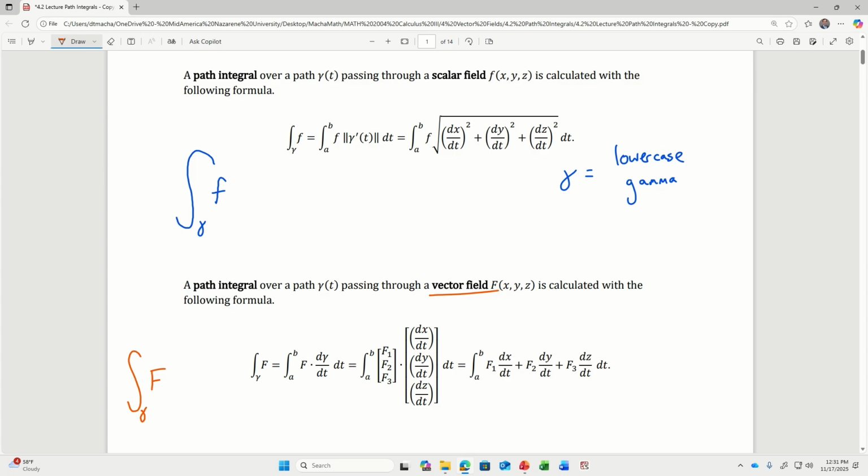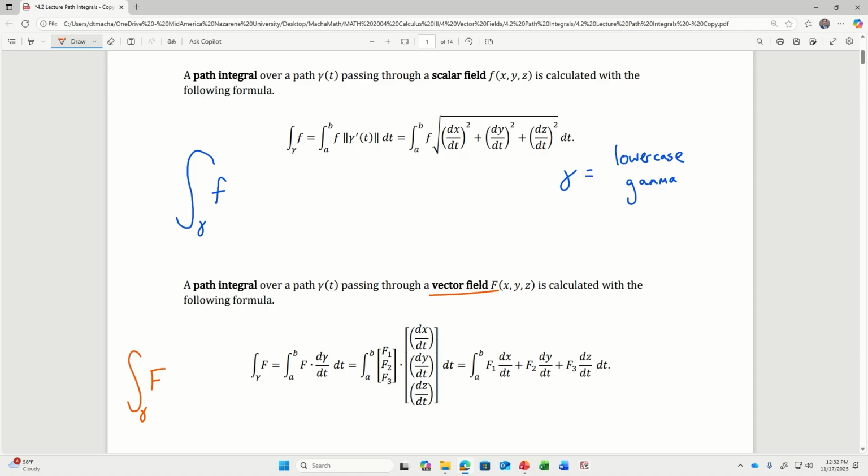And so the dot product between the vector field and the velocity, right, is kind of telling me how aligned is my path with the direction of the vector field. If the vector field direction is pointing exactly the same direction as my velocity vector, then this integrand is going to have its maximum value.